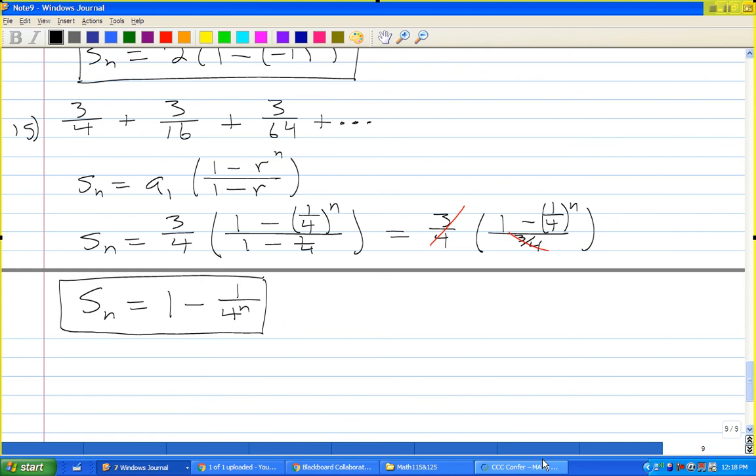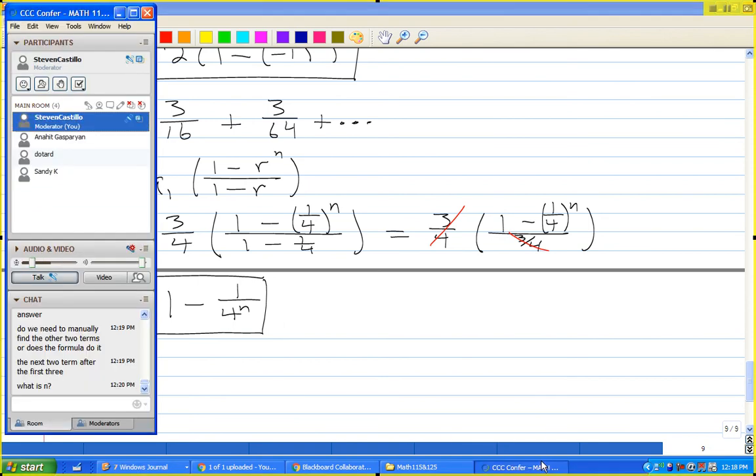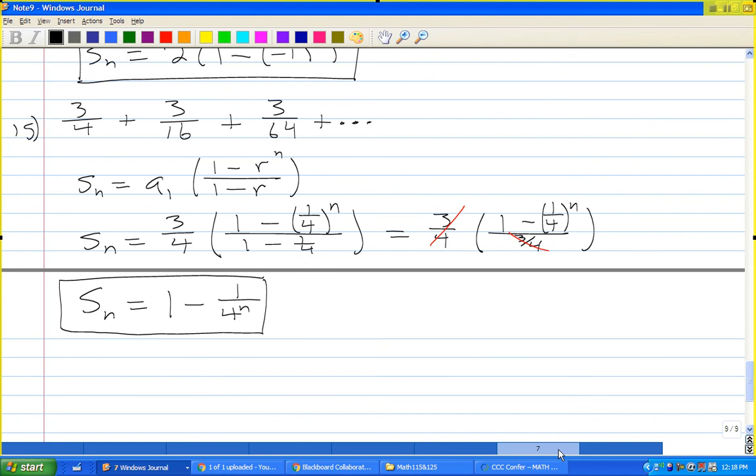You don't even have to calculate them. If you want to find the sum of the first 50 terms, you just plug 50 in for that n, and it gives you your answer. You don't have to calculate each term. n is whatever you want. It is the number of terms that you are adding.